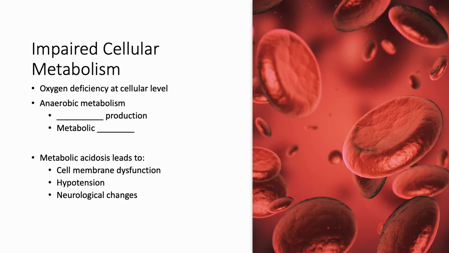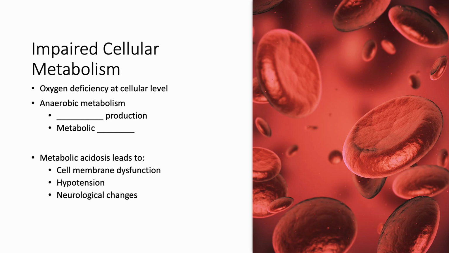When tissues don't receive enough oxygen, cells switch from aerobic to anaerobic metabolism to produce energy. Anaerobic metabolism leads to lactate production, which contributes to metabolic acidosis.